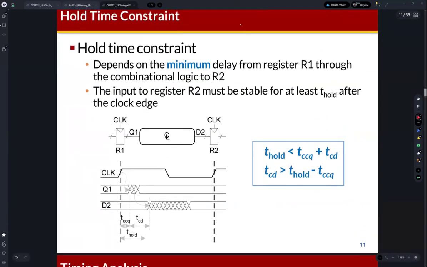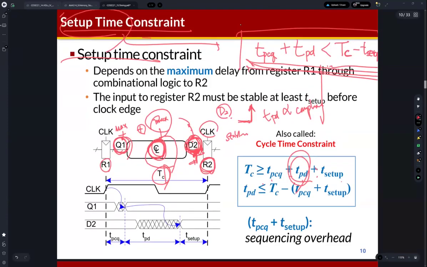Okay, another constraint is the hold time constraint. So what is the hold time constraint? The signal needs to be maintained. TPCQ is the propagation delay of this D flip-flop.